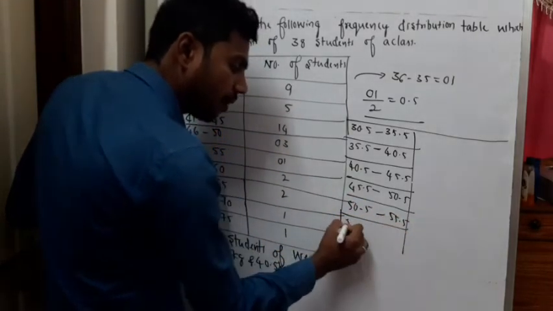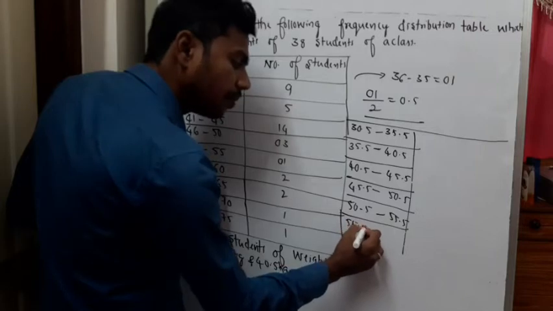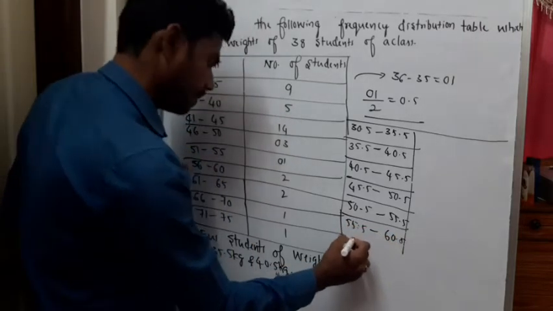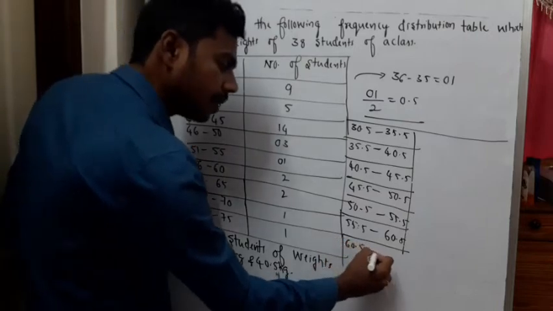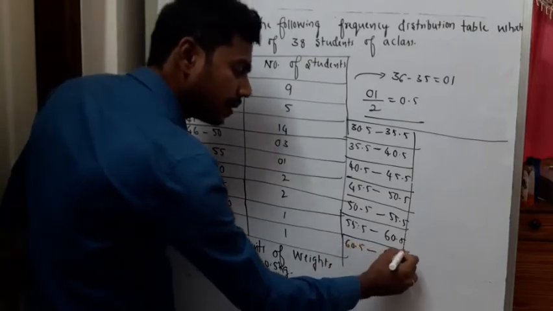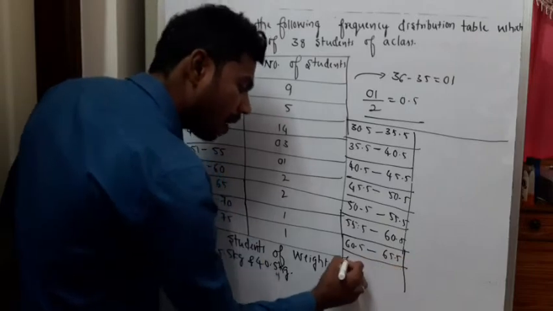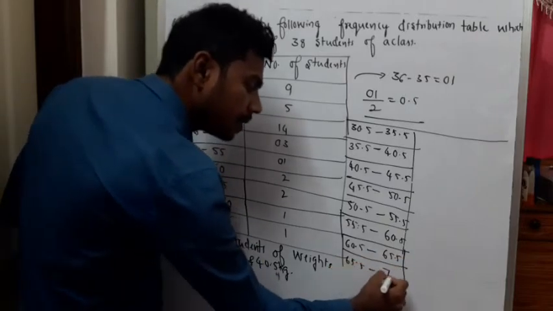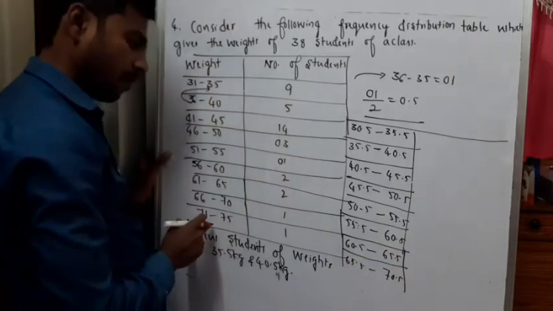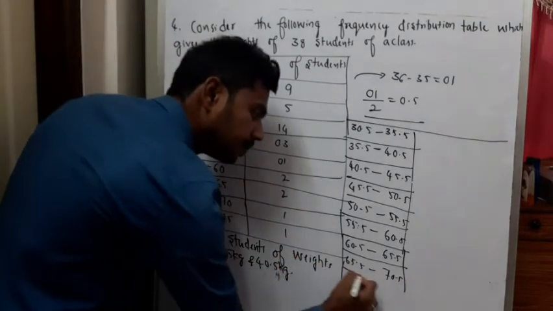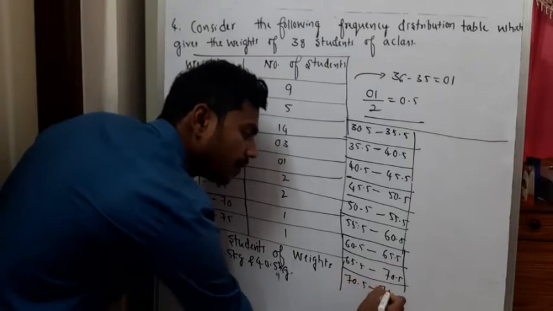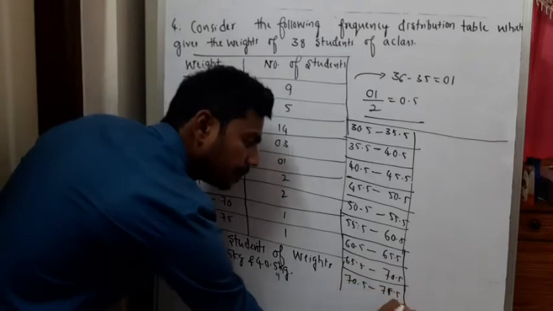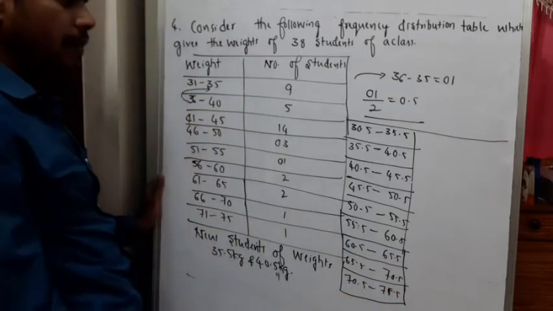Then 55.5 to 60.5, 60.5 to 65.5, 65.5 to 70.5, and 70.5 to 75.5. This will be our new table, which is continuous.